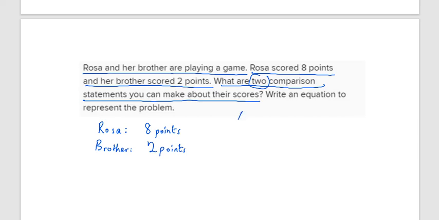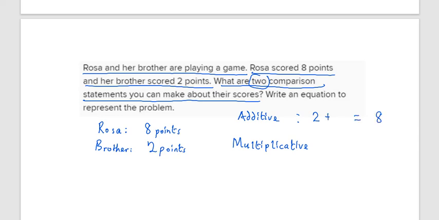So first, we're going to use the additive comparison, and of course we have the multiplicative comparison. For the additive, remember it's talking about how many more. So if Rosa has 8 points and the brother has 2 points, I have 2 points and I have 8 points for Rosa.